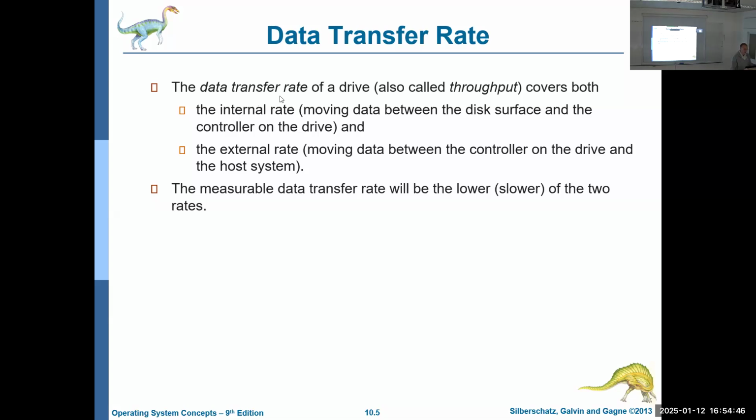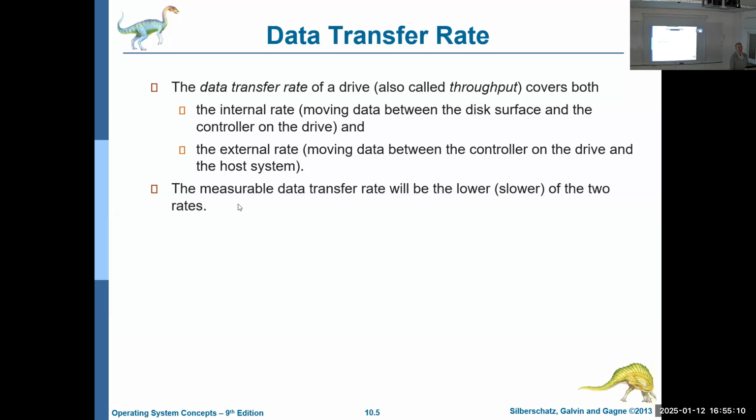The data transfer rate of a drive covers both the internal rate, which is moving data between the disk surface and the controller, and the external rate, moving the data between the controller on the drive and the host system, the operating system. The measurable data transfer rate will be the lowest of the two.